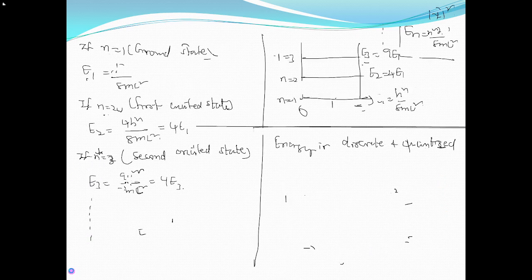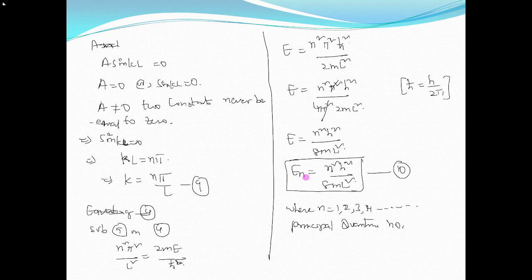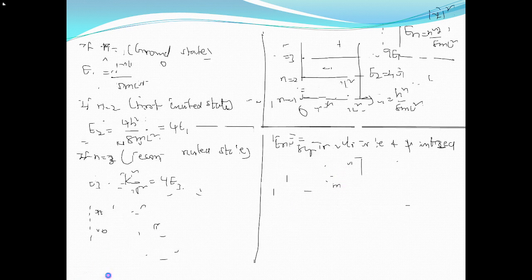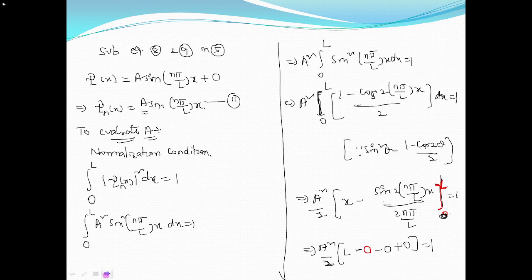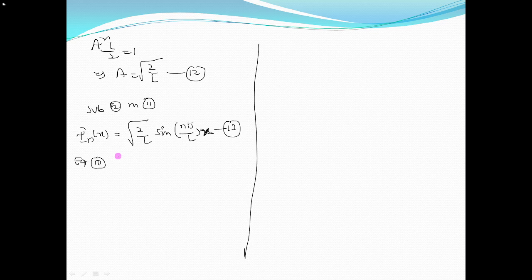What is equation 10? Energy value. En is equal to n square h square by 8m L square. And equation 13 is the wave function.